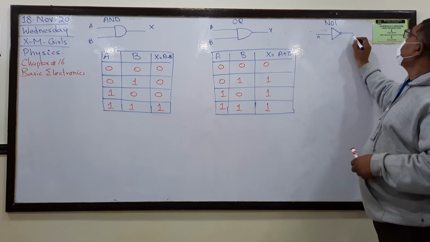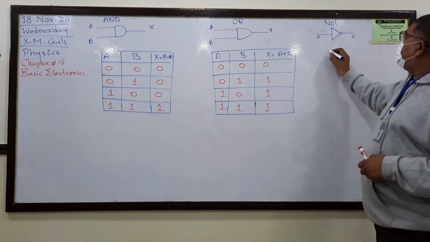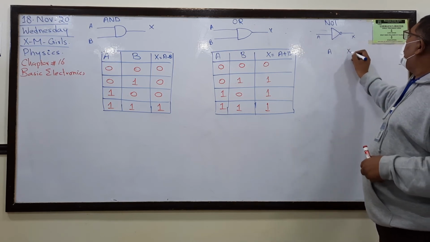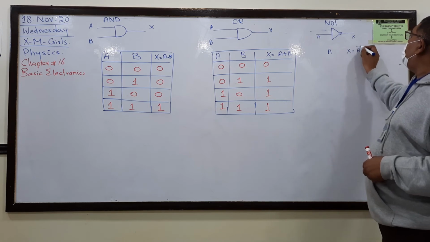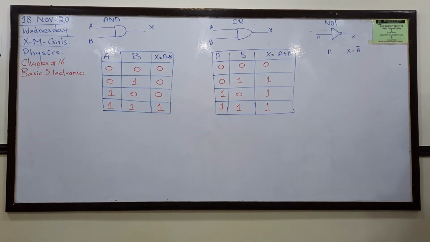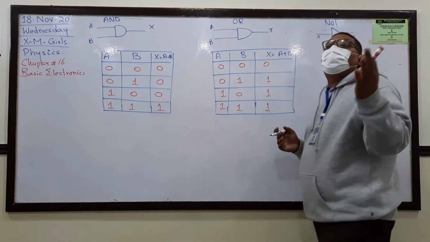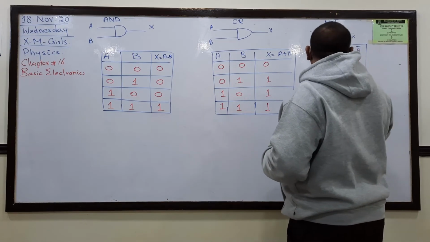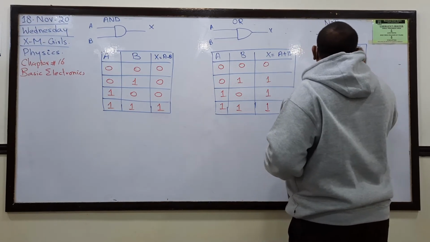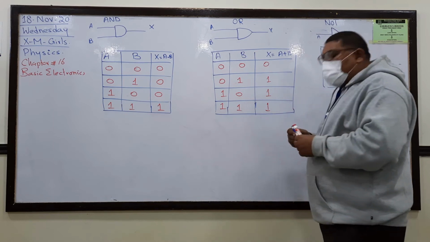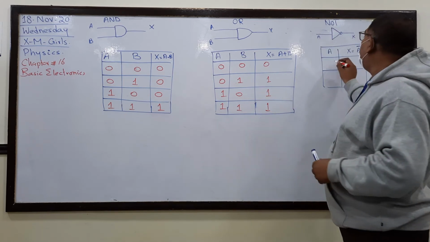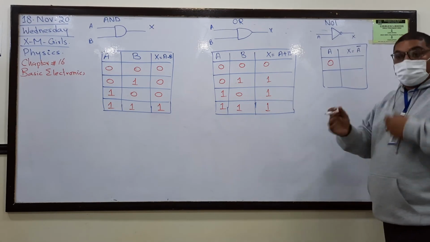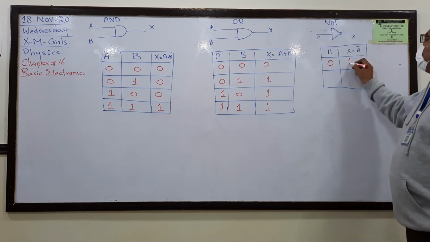In the NOT gate, the output is actually you invert whatever is the input. You reverse whatever is the input. So for example, the input can be 0. If the input is 0 and you invert it, reverse it, it will become 1.